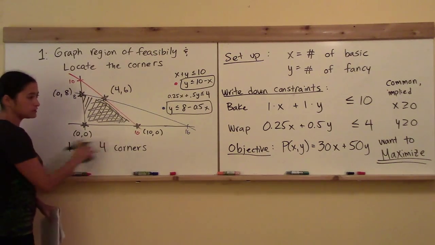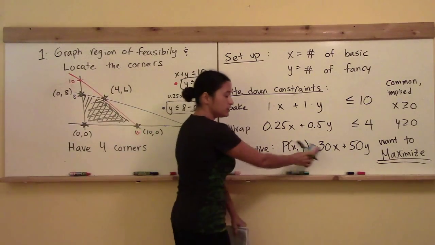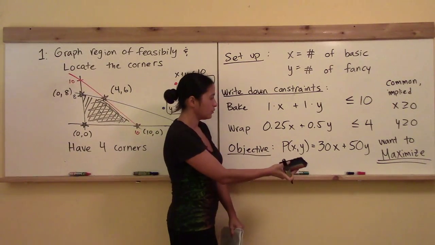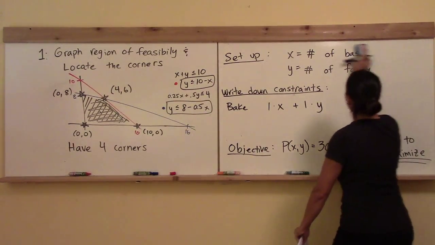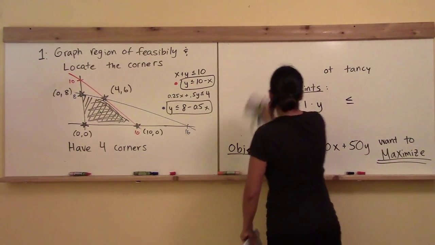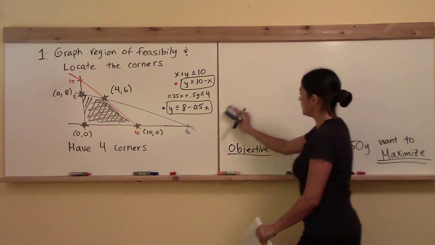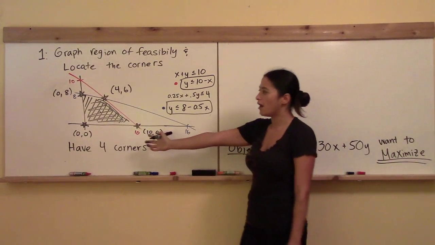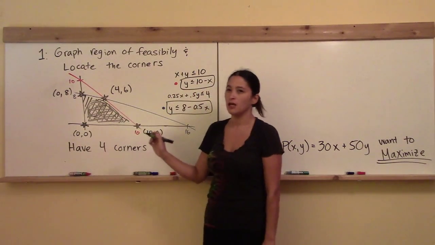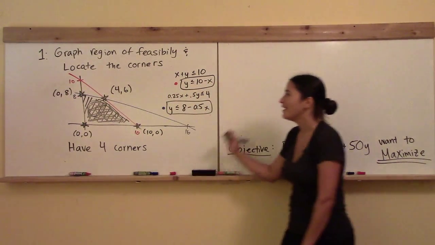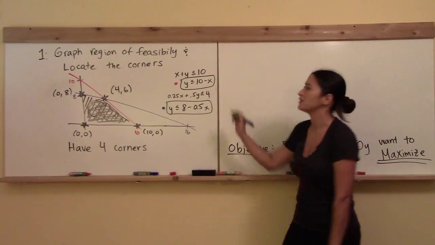Now step 2 is going to be to finish my goal, which is that I want to maximize my profit function. So I'll leave that part up. Okay, so that's my goal here. And do I have to try out the infinite number of possibilities inside this region? No way, I'm not going to do all that. I will just evaluate on the corners.